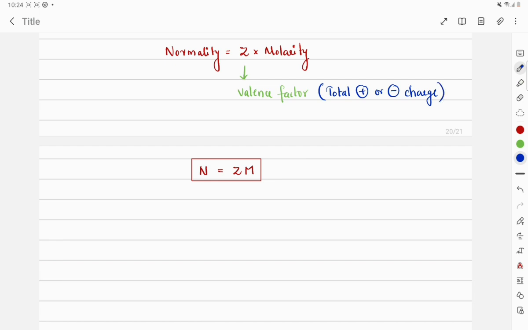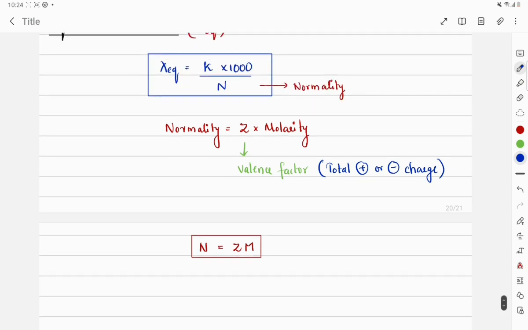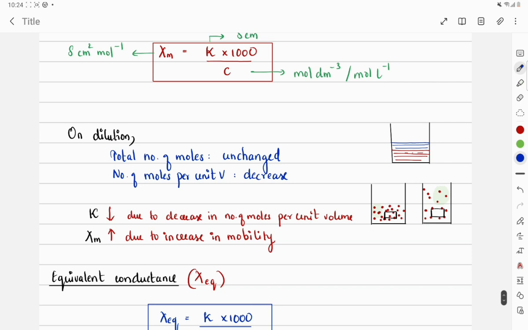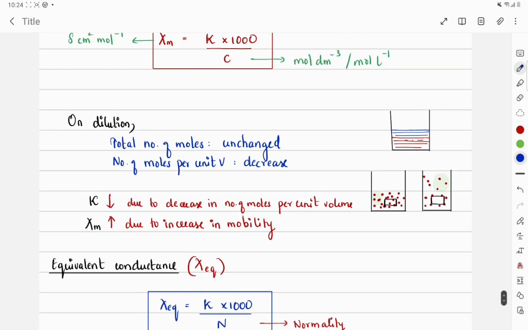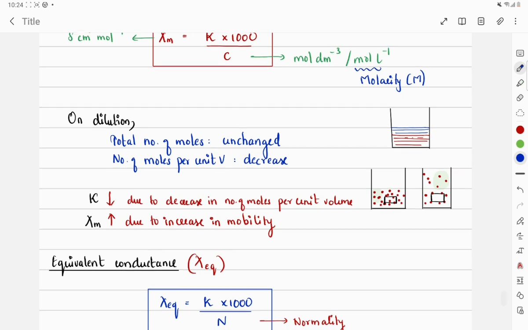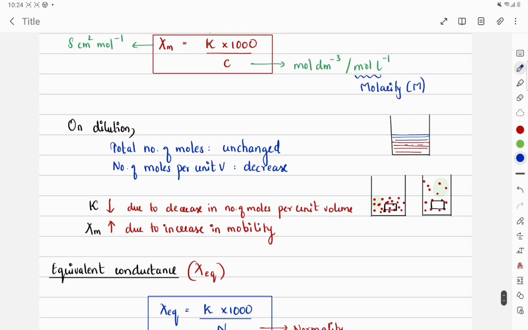Now, if you can connect normality and molarity, you should obviously be able to connect lambda m and lambda eq. Why? Because the only difference here is in terms of C and N. Obviously C is actually molarity, because C is mole per liter. This means molarity M. So if you get a connection between M and N, you will definitely get a connection between lambda M and lambda EQ.